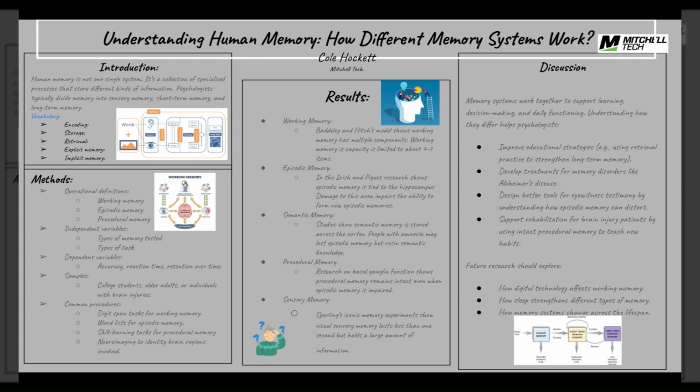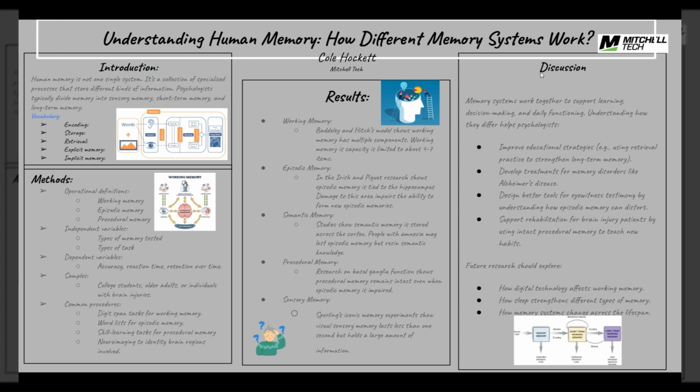Some common procedures are a digit span task for working memory, word list for episodic memory, skill learning task for procedural memory, and neural imaging to identify brain regions involved.